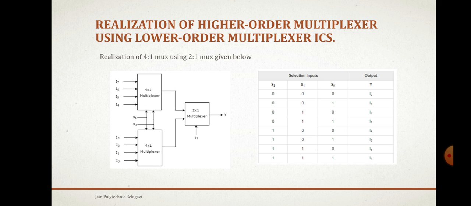S1 equal to 1, S0 equal to 0, I6. S1 equal to 1, S0 equal to 1, you will get I7. That is the process of realizing a higher order multiplexer using lower order multiplexers. Here I have designed the 8:1 mux using two 4:1 multiplexer ICs and one 2:1 multiplexer IC.